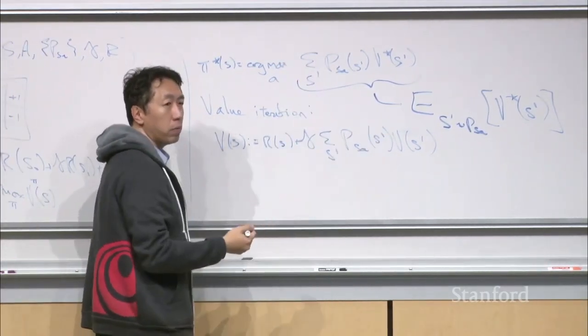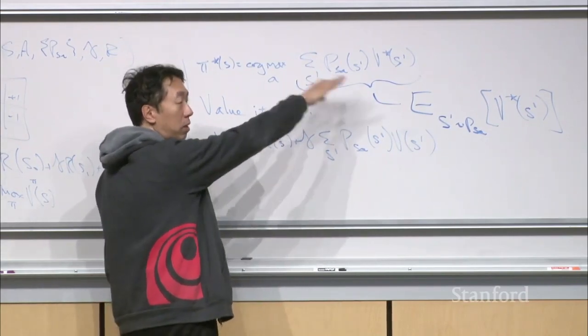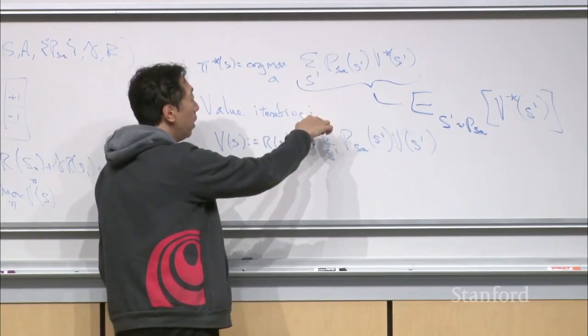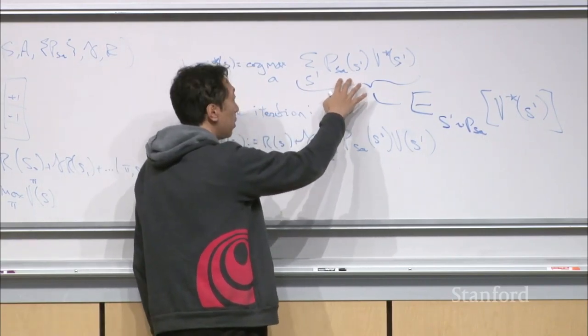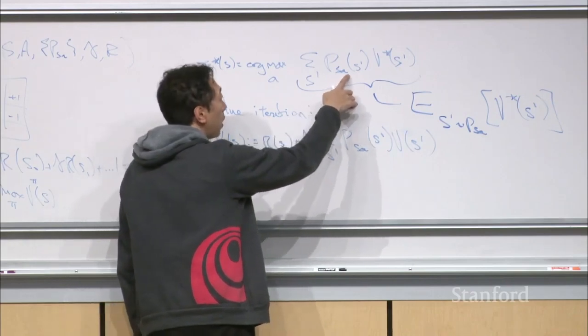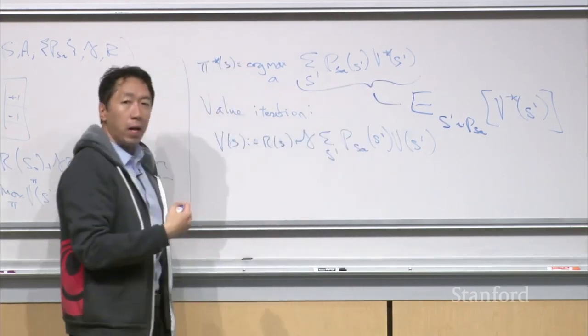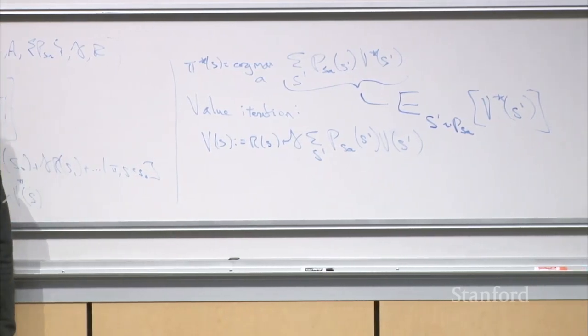But when we go to continuous state MDPs, the generalization of this is the expected value with respect to S prime drawn from the state transition probabilities indexed by SA, the current state and current action, of the value that you attain in the future, so V star of S prime.